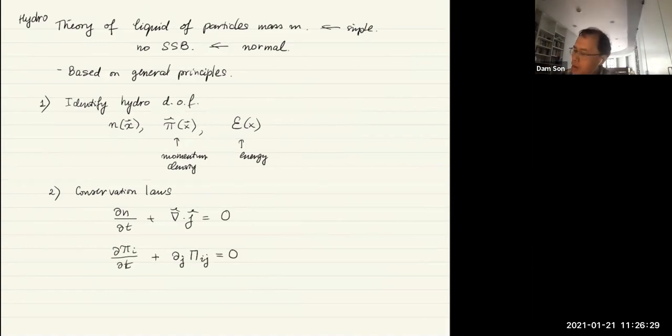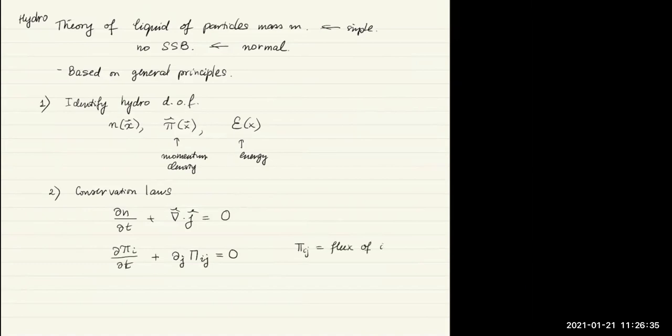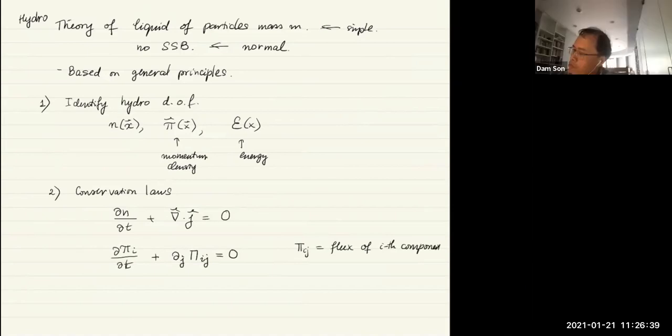So here is Pi. Pi_ij is the flux of the ith component of momentum along the j direction.